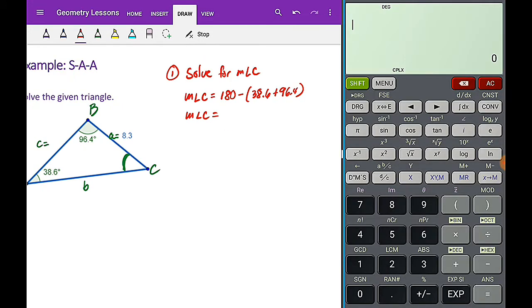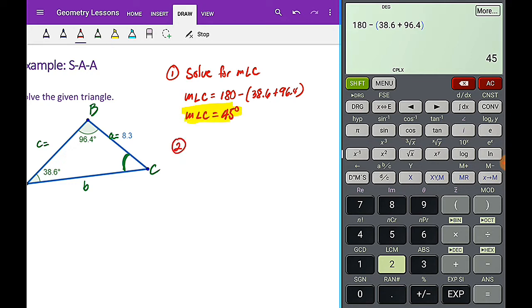It's going to be 180 minus (38.6 plus 96.4). Don't forget the parentheses. The measure of angle C is equal to 45 degrees. So you now have the measure of angle C.